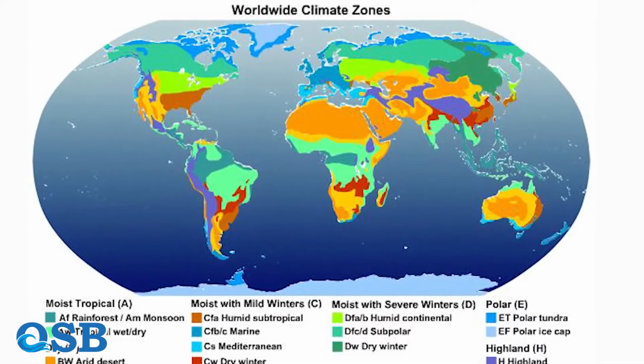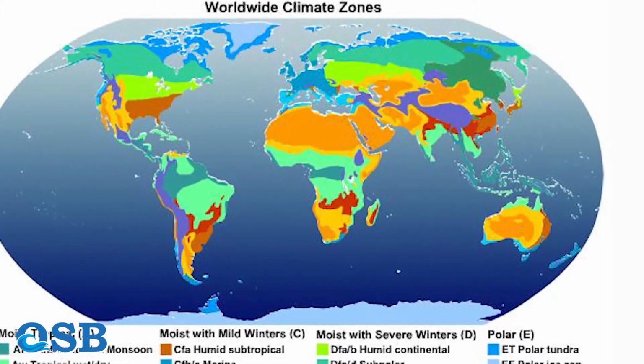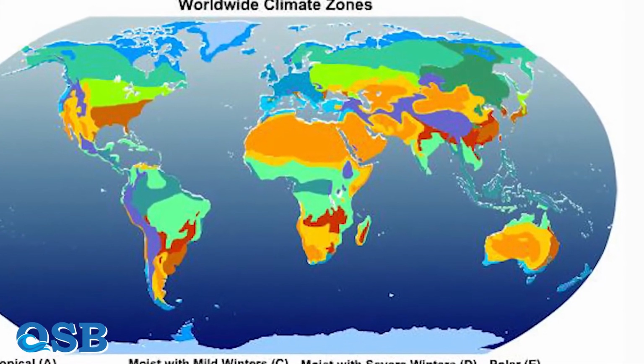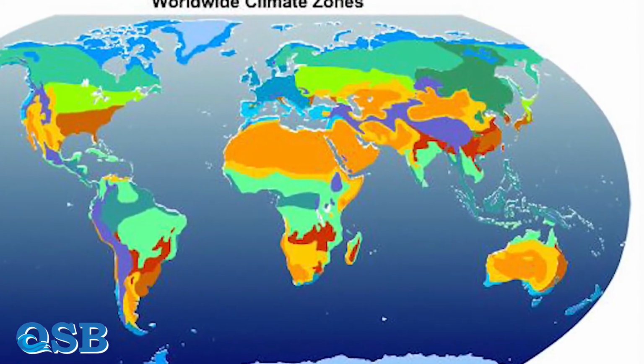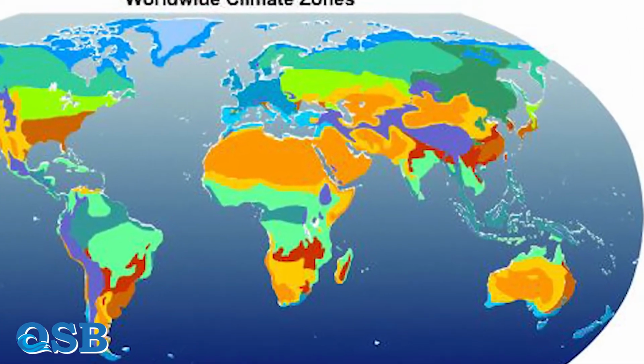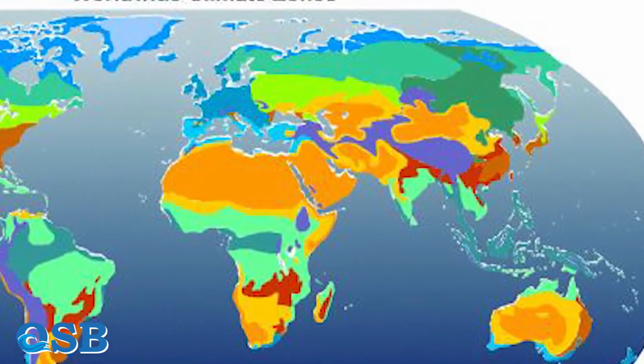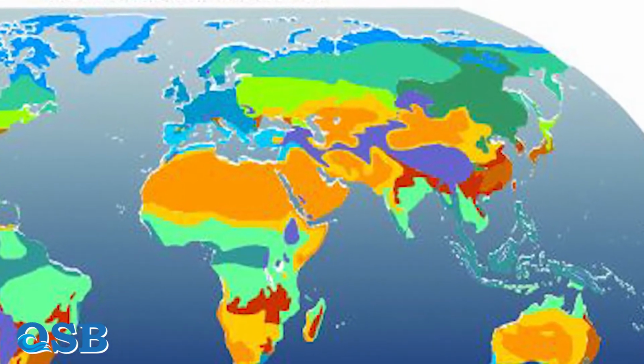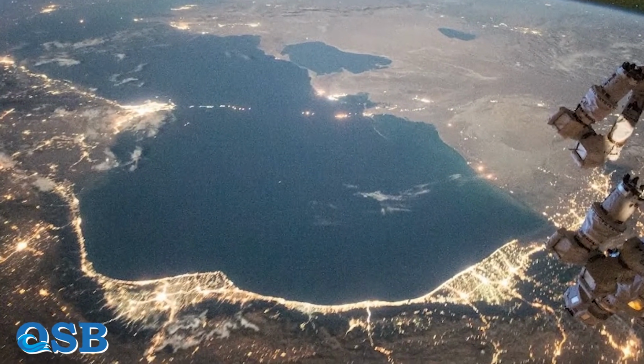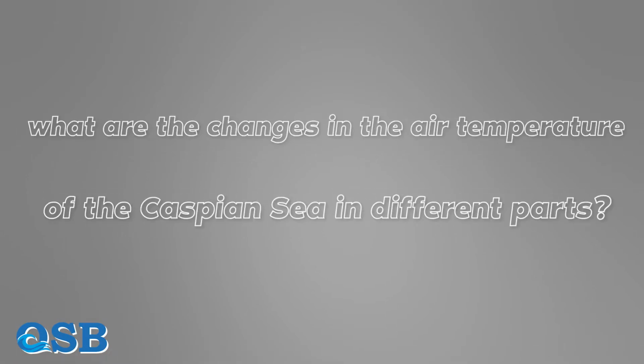Continental climates often vary in temperature throughout the year, with hot summers and cold winters. We know that subtropics are geographic and climatic zones located north and south of the tropics. Subtropical climates are often characterized by hot summers and mild winters. Now, in your opinion, according to these meteorological systems, what are the changes in the air temperature of the Caspian Sea in different parts?